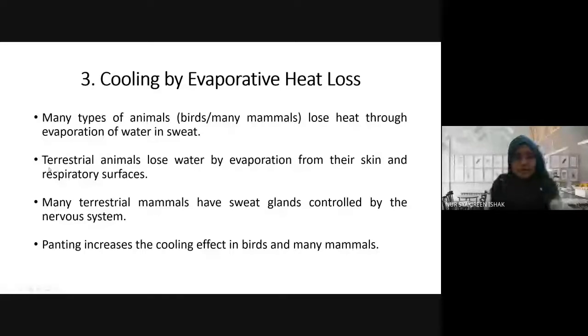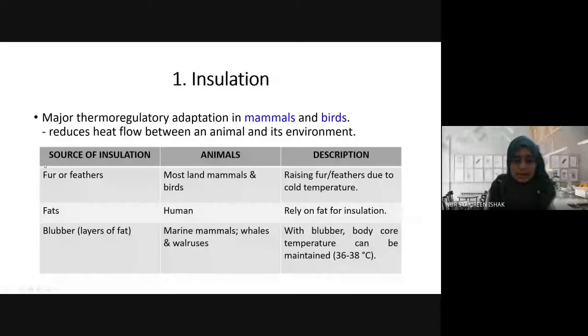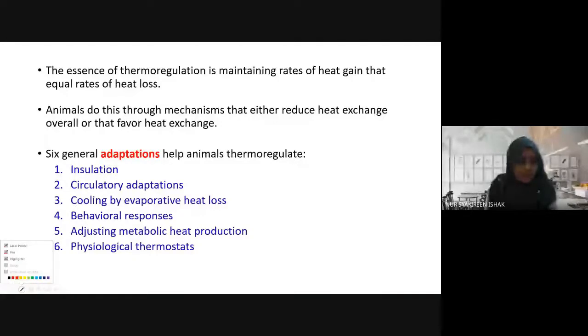Okay. So basically, just to recap on yesterday's lecture, there are 6 ways of how animals regulate their body temperature. So we have looked at insulation.